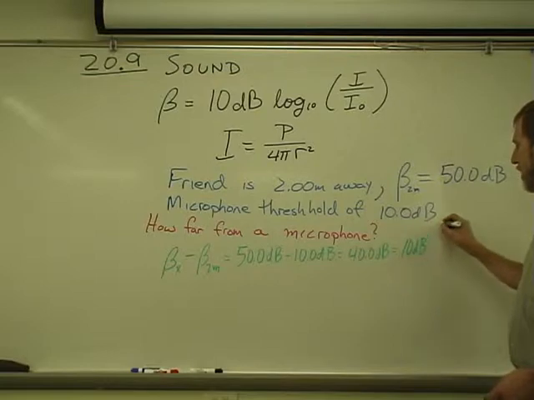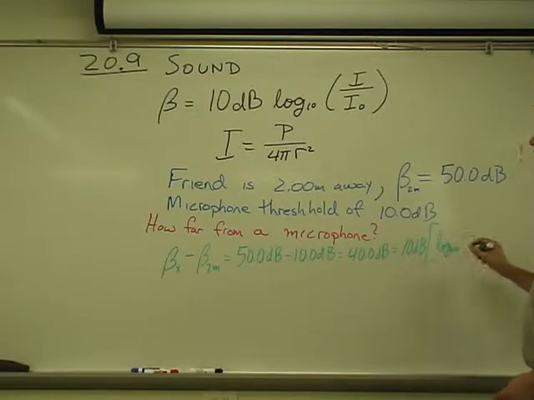which is equal to 10 decibels times the log base 10 of the intensity at X divided by I naught minus the log base 10 of the intensity at 2 meters divided by I naught.